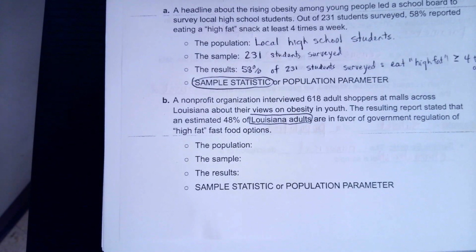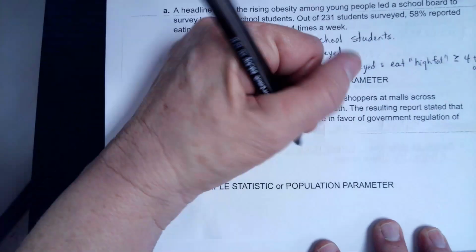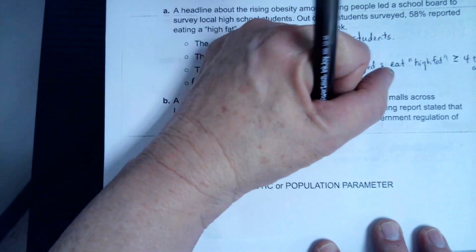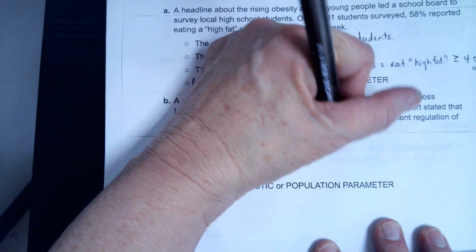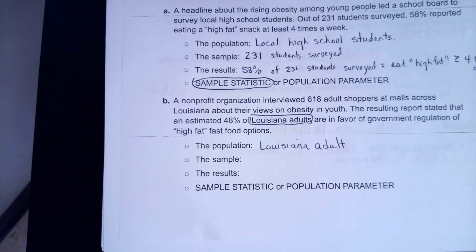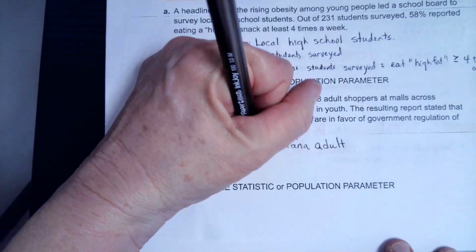But their parameters were, we're talking to the adults, right? So our population was Louisiana adults. What was the sample? 618 shoppers. But they're adults, right?